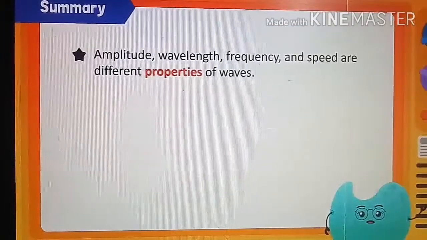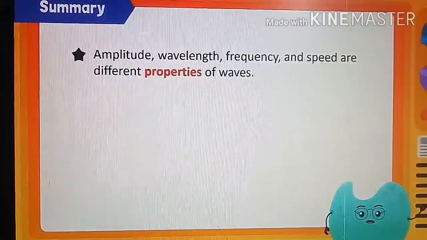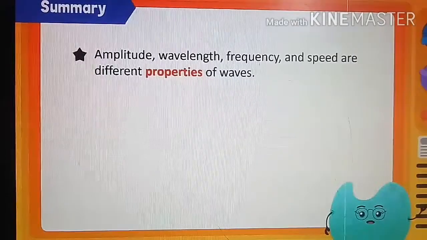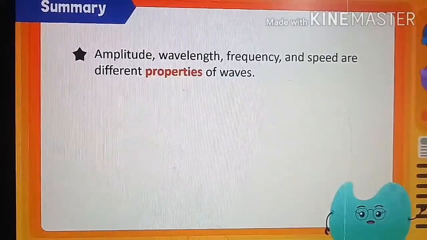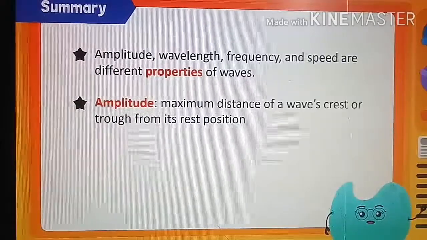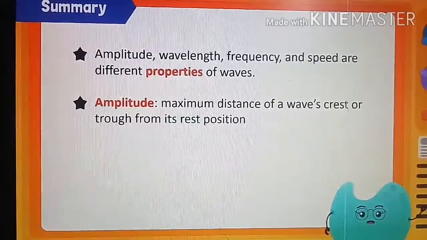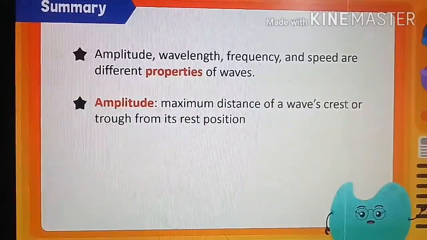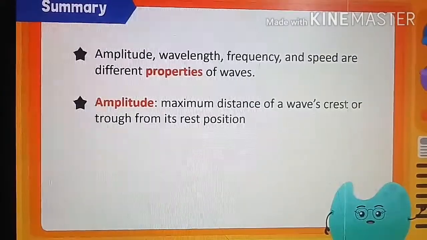So look at the summary. Amplitude, wavelength, frequency and speed are the different properties of waves. Amplitude is the maximum distance of a wave's crest or trough from its rest position or mean position.